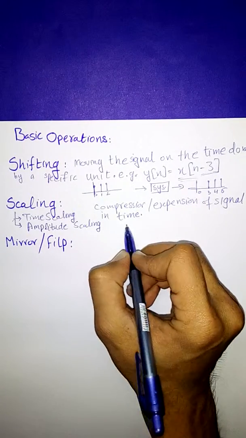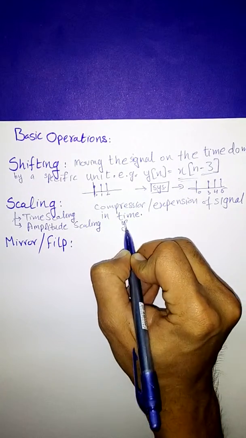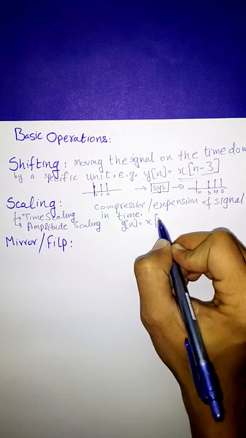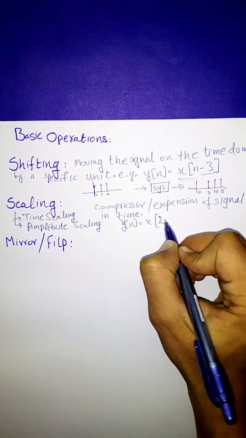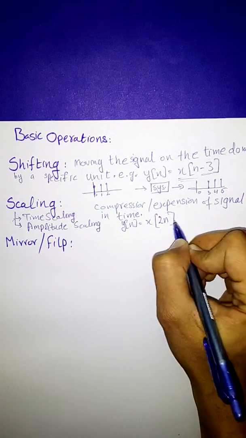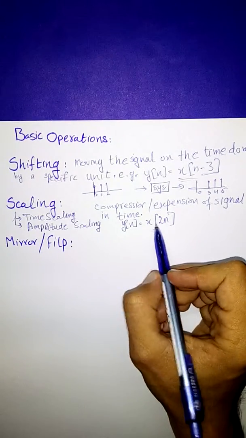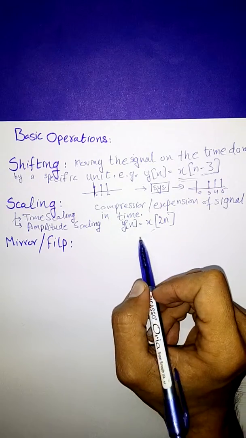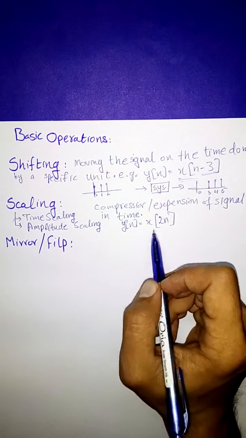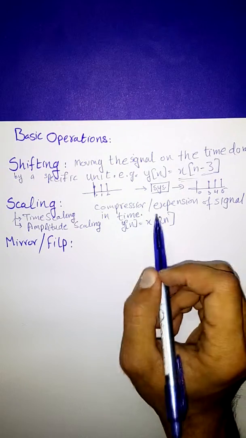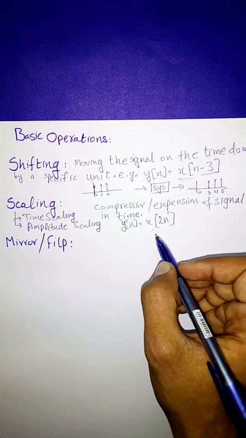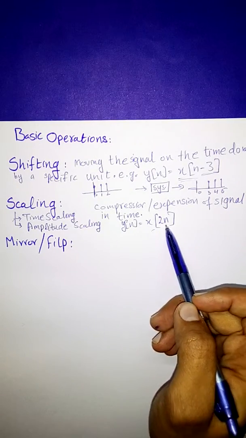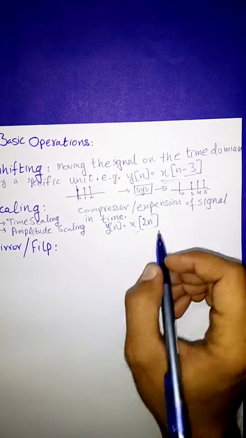First of all, time scaling. If a function y of n or a system does this to an input signal, this is where the time scaling is done. This will tend to compress the signal or expand it. If it's a division factor, then it will expand the signal, and if it's a multiplication factor, then it will compress the signal.